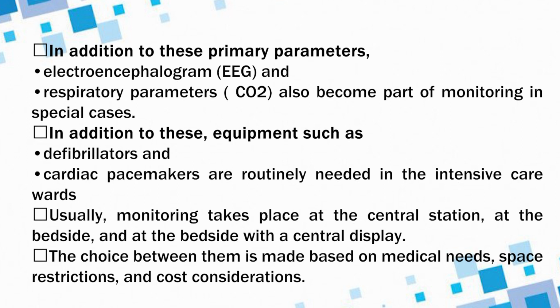Usually, monitoring takes place at the central station, at the bedside, and at the bedside with a central display. The choice between them is made based on medical needs, space restrictions, and cost considerations.